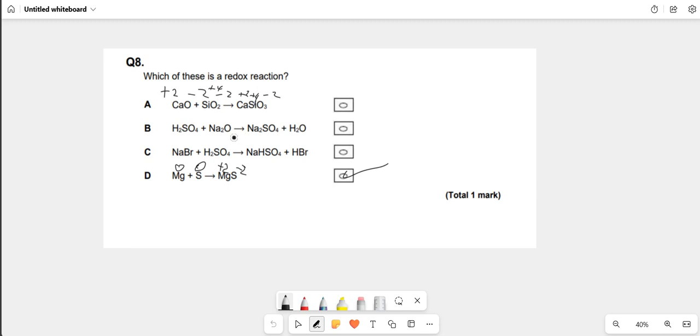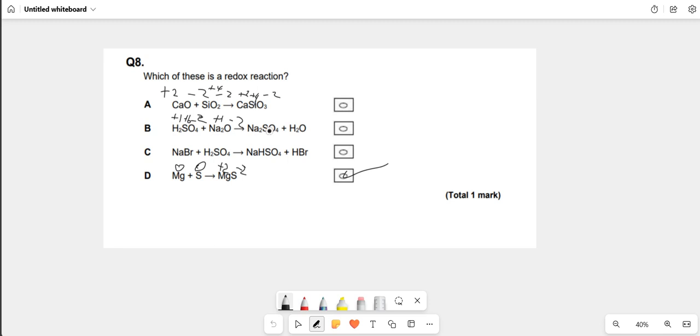B, H2SO4. O is -2, so -2 times 4 is -8. H always has to be +1, so I've got +2 and I've got -8, so S has to be +6. Na2SO4: oxygen is always -2, and Na has to be +1, which makes sense because it's a group 1 metal.